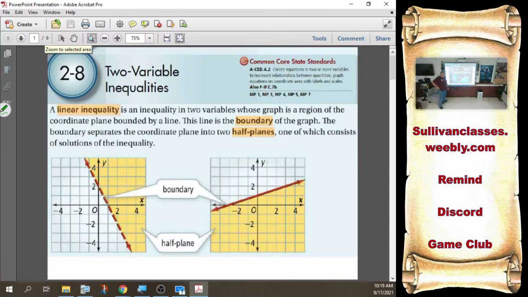B, I have to pay attention to whether it's a dotted line or solid. You remember the difference. How? Dotted line is like greater than or equal to. Those. Okay?